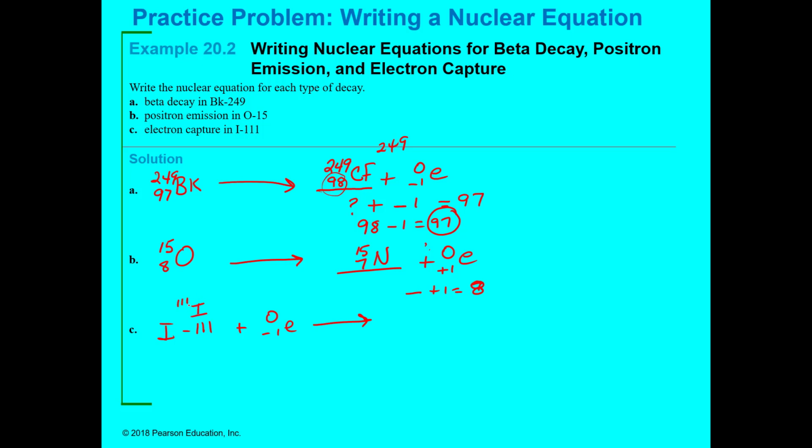That's I-111, and it's number 53. So 53 minus 1 is 52. So this one over here is going to have 52, and there's no change in the top number because that's a 0, and so that's tellurium.